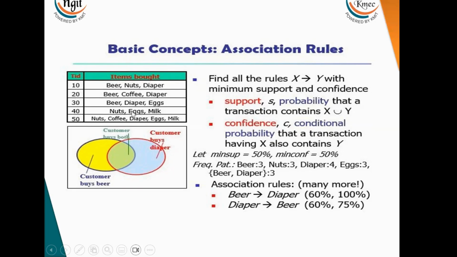We can see in this example it is repeated only once, so only one customer prefers to buy that. And for confidence, how many times is beer repeated in these transactions? You can see 1, 2, 3 times. Among those 3 times, how many people prefer to buy beer along with nuts?